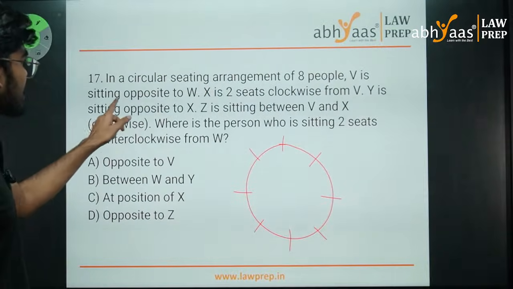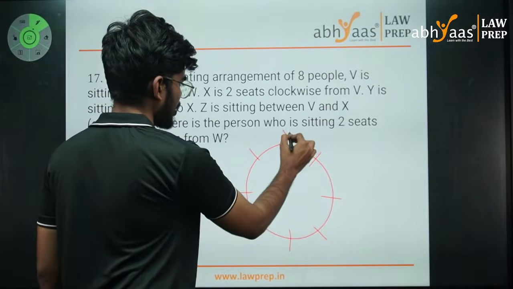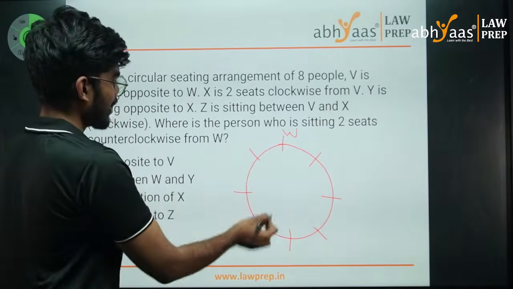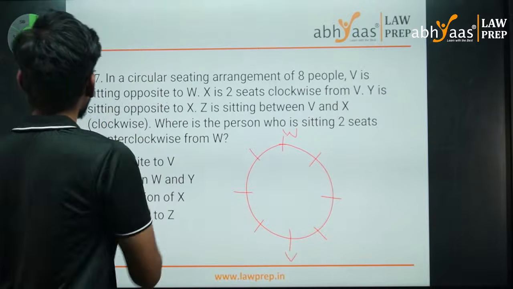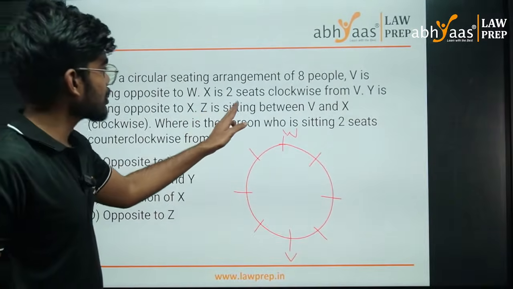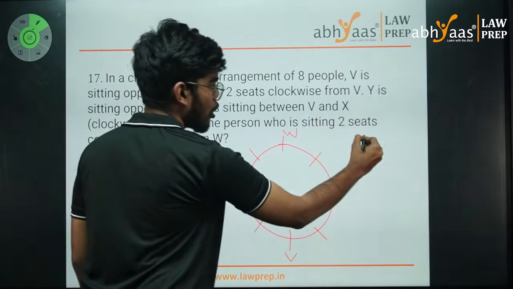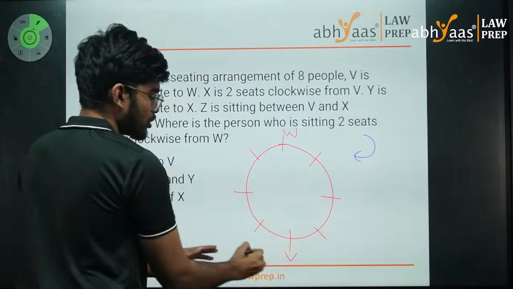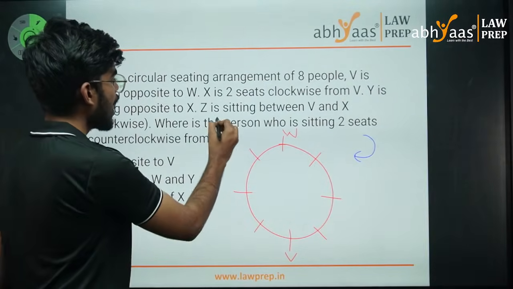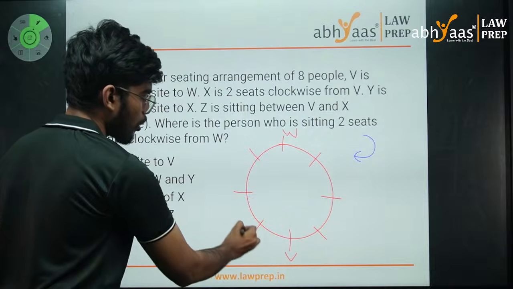Next, V is sitting opposite to W. Say for example, if this is W, V is sitting exactly opposite to W. Okay, I'll be representing with a different color. X is 2 seats clockwise of V. Clockwise means like this. So who is sitting 2 seats clockwise of V?